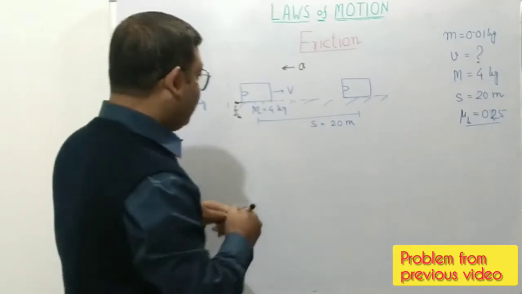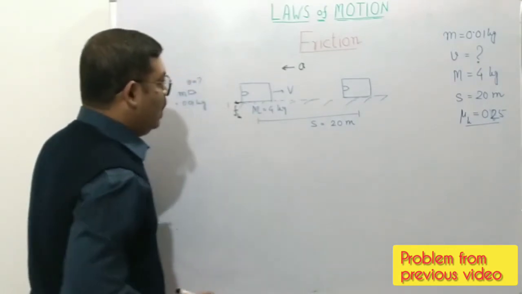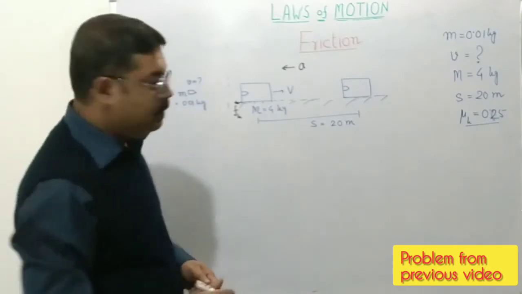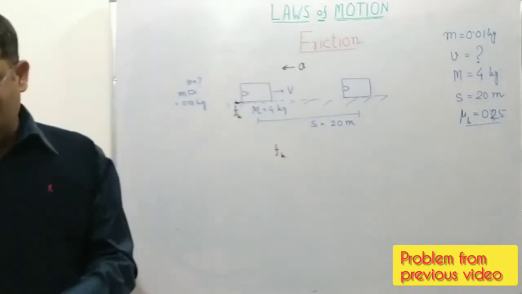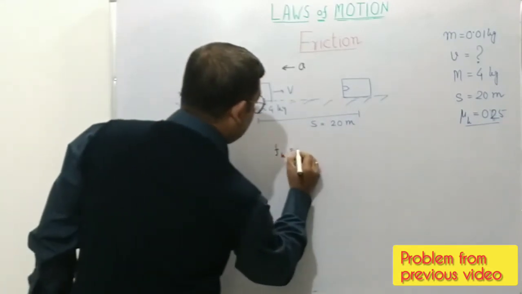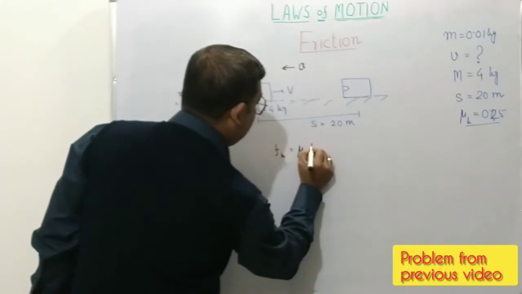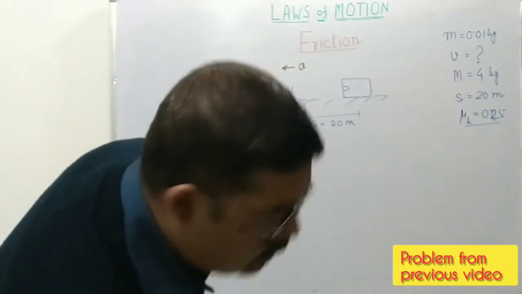To do that, notice that the force of kinetic friction will be given by mu k into R, normal reaction. Now what is normal reaction?